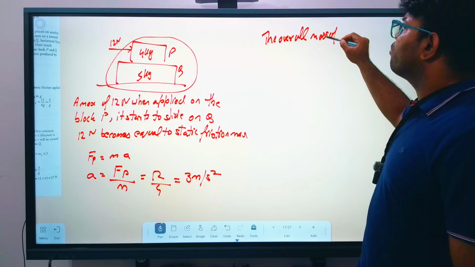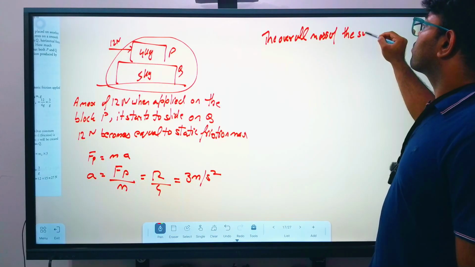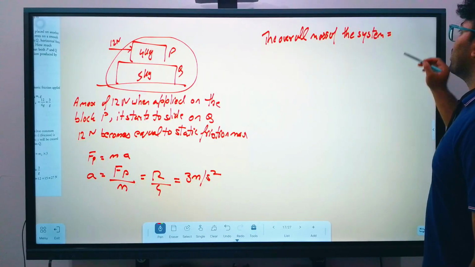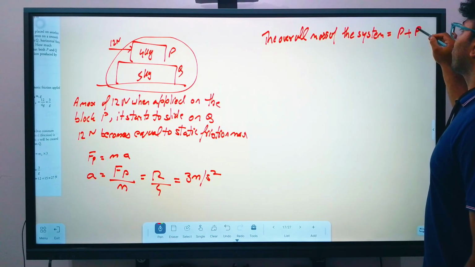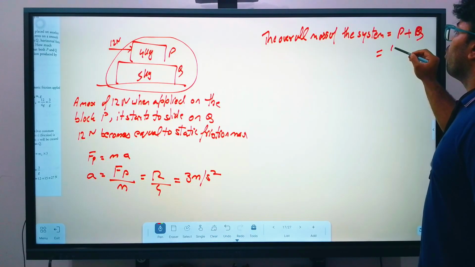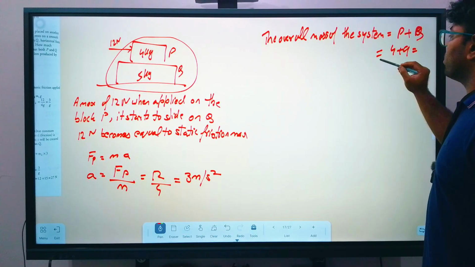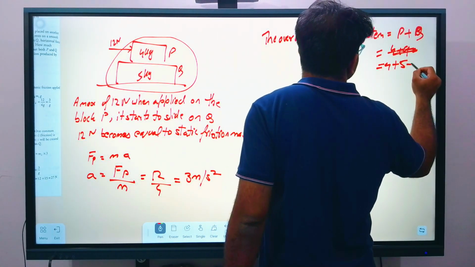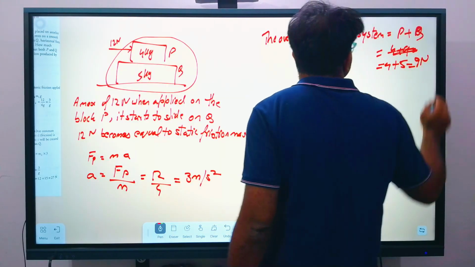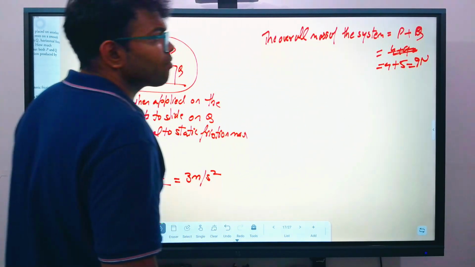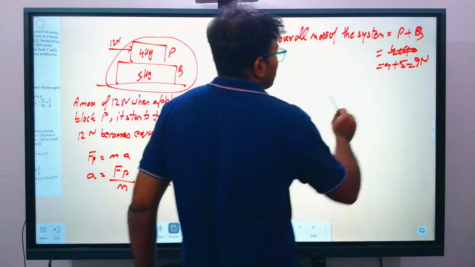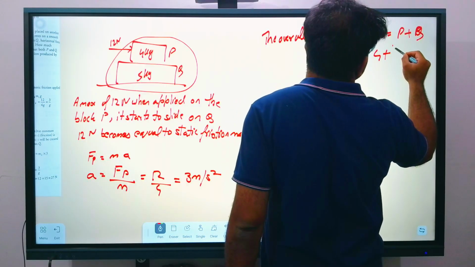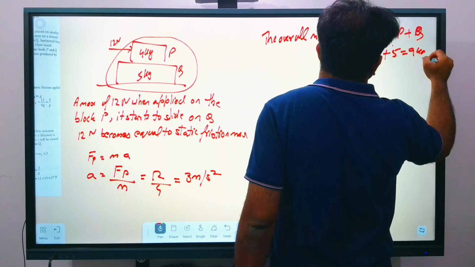The mass of P plus the mass of Q is equal to 4 plus 5, which is equal to 9 kgs.